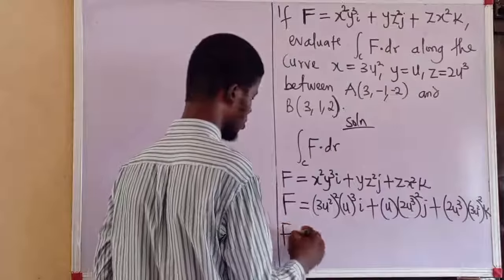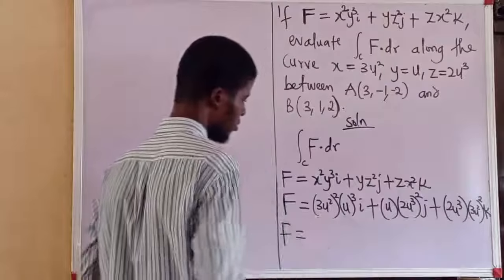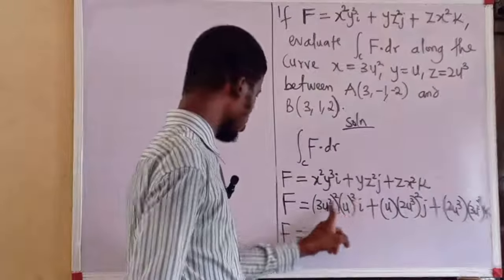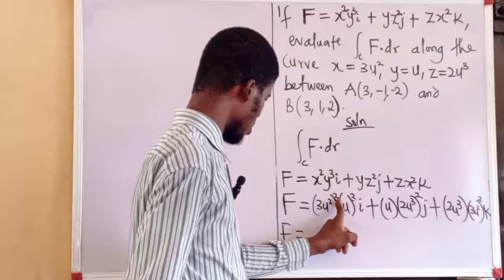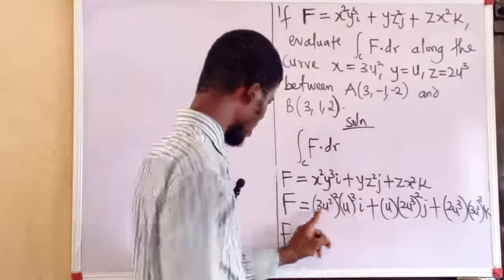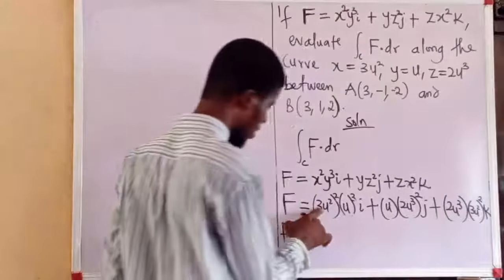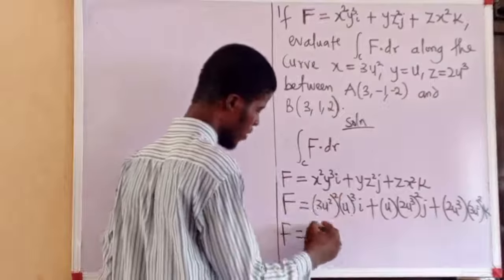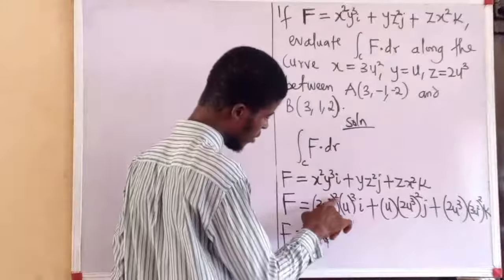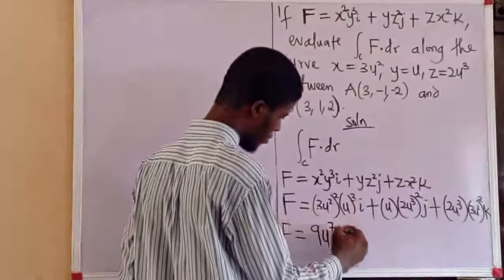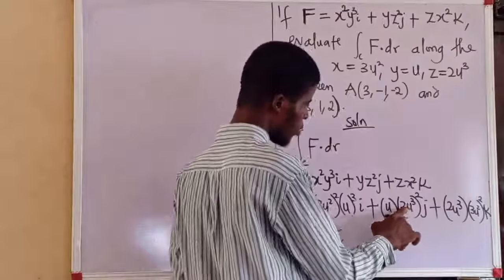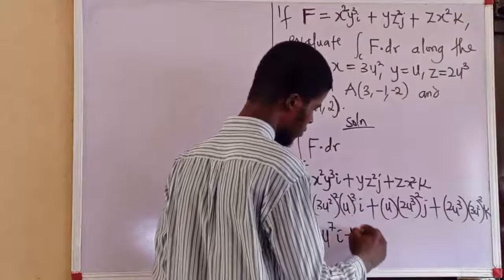So f is this. This is u cubed. This is u to the power of 4. That's u to the power of 7 times 3 squared, which is 9. So we have 9u to the power of 4 plus 3 is 7. 2 to the power of 2 is 4.